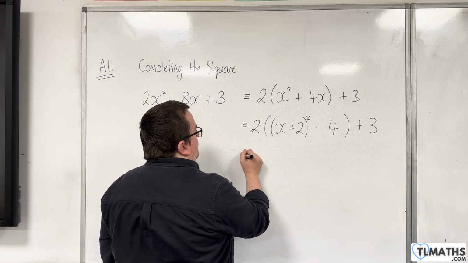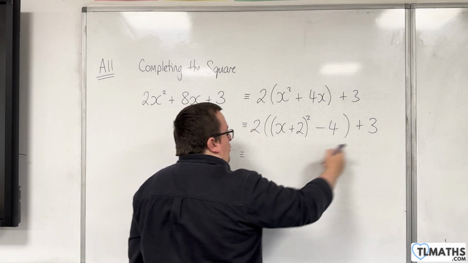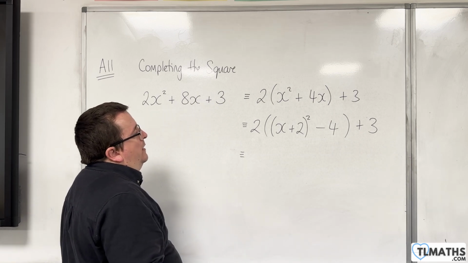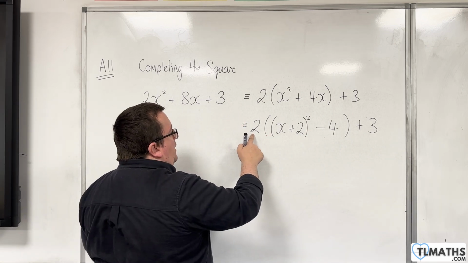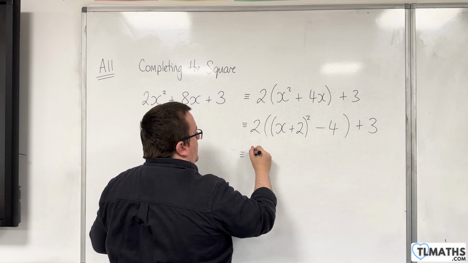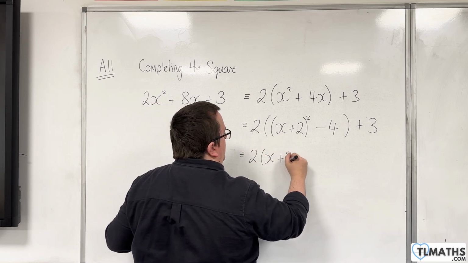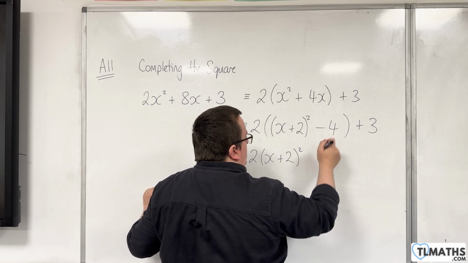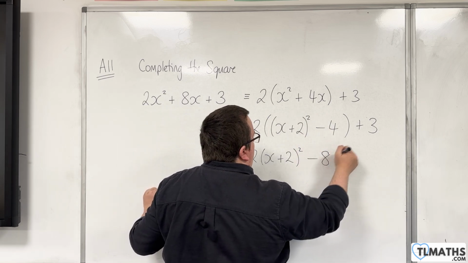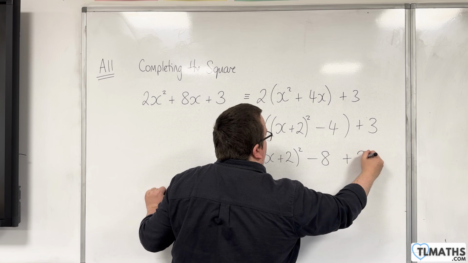Once we've done that, we now multiply the bracket out again. Not the one that's in the middle, okay, we leave that alone, but we're going to do 2 lots of that bracket, so 2 lots of x plus 2 squared, and then 2 lots of the minus 4, so that'd be minus 8. And we've still got the plus 3 on the end.